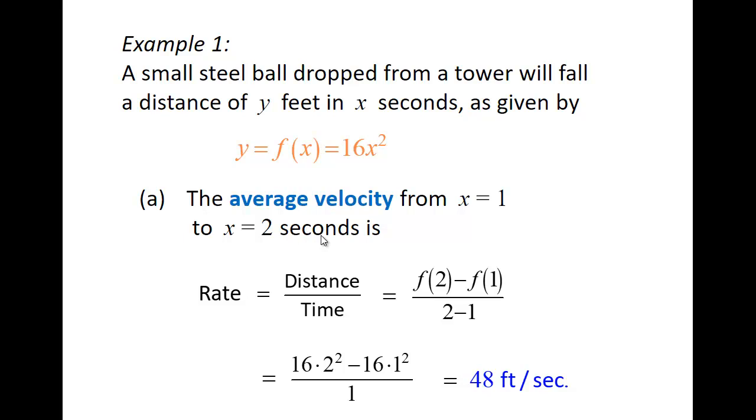Okay, so now let's think about the following question. As the ball is falling, right at the moment when time is exactly 1 second, what is the velocity of the falling object?